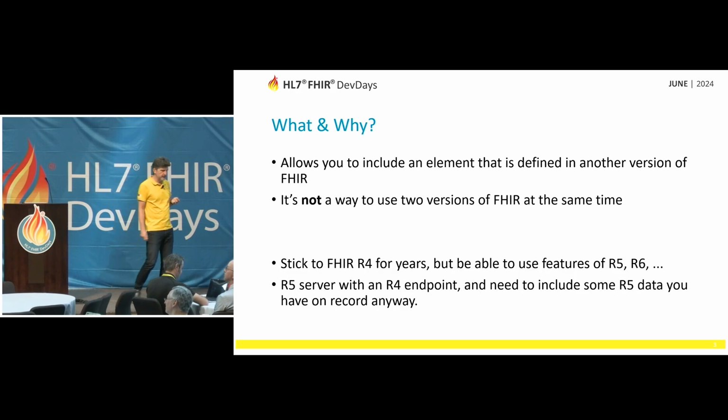And the two most important use cases: lots of countries, and I still have to take a look at that board over there with the pins, but I saw like a mountain at R6, a lot of countries are probably waiting for R6 to move anywhere. So they're on version 4, most probably, or in the case of the Netherlands, sometimes STU3.